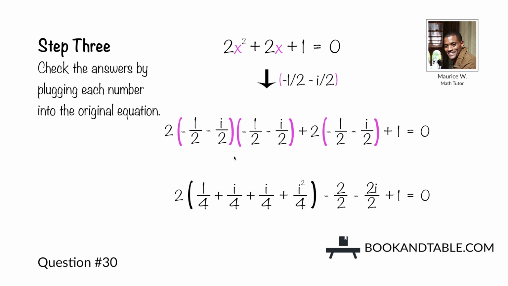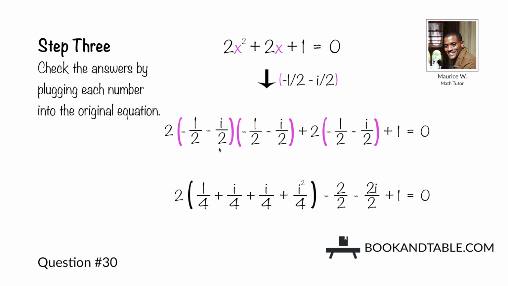We'll use the FOIL method to expand our x squared, giving us negative 1 times negative 1, which is positive 1, over 2 times 2, which is 4. Then we have negative 1 times negative i, which is positive i, over 4.